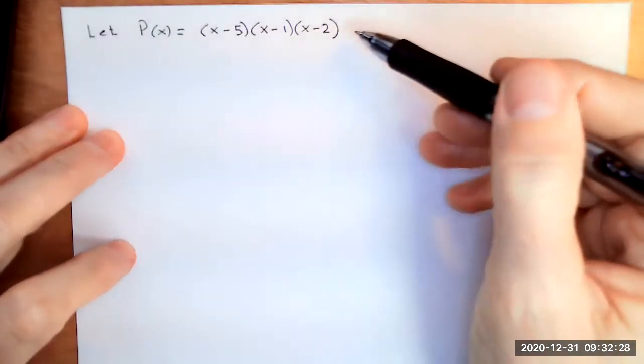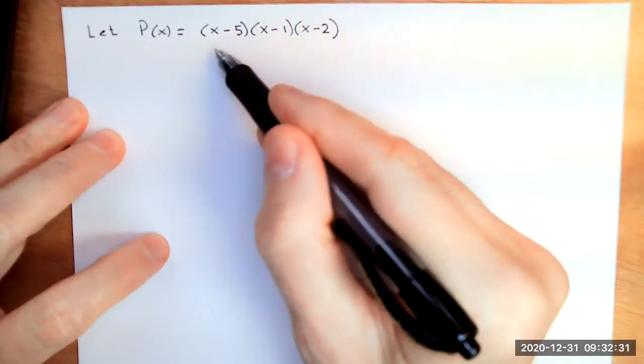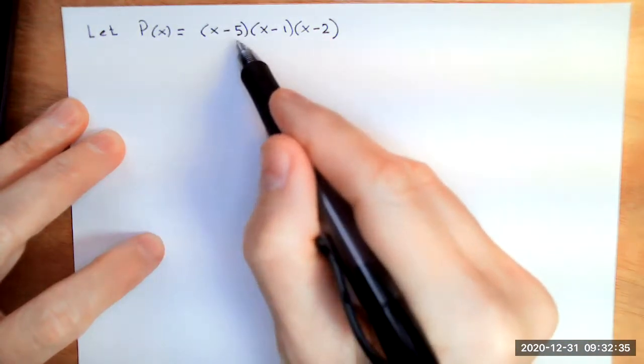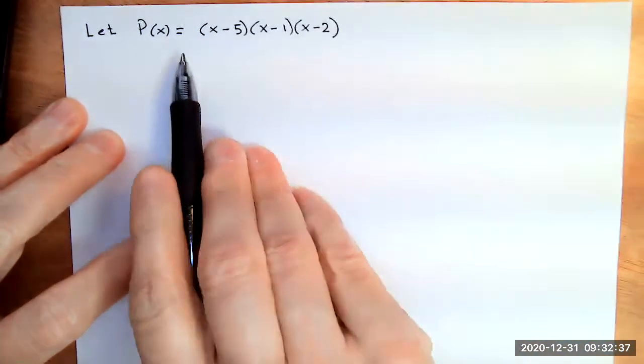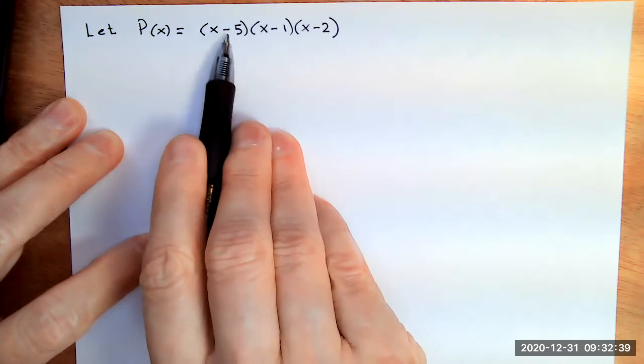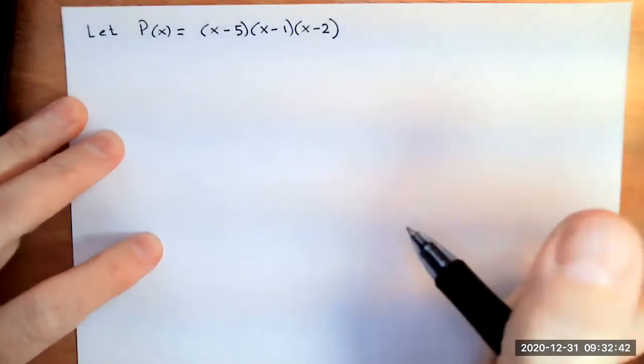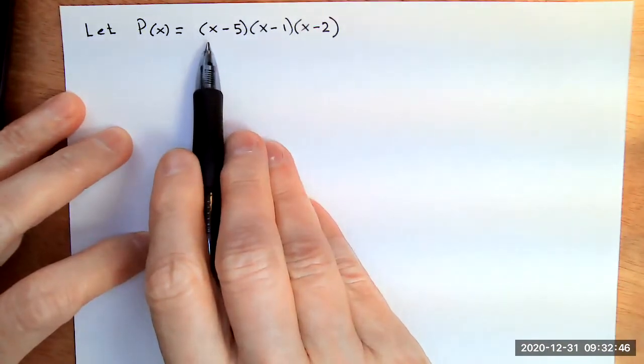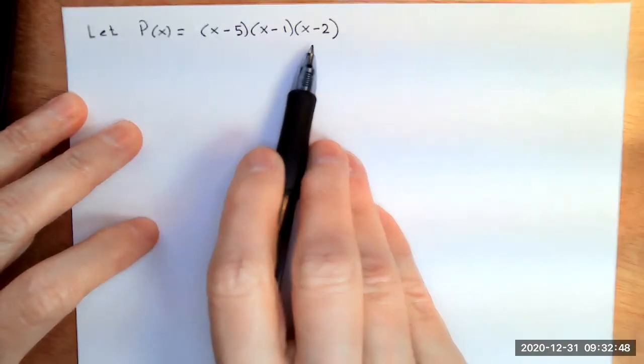All right, so suppose we're given this polynomial in factored form, meaning it's written as a product of its binomial factors. Binomial just means there's two terms. All right, so which values of x make this polynomial equal to 0?